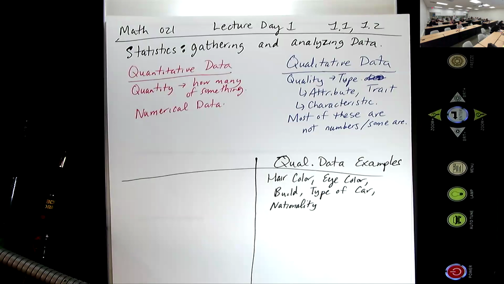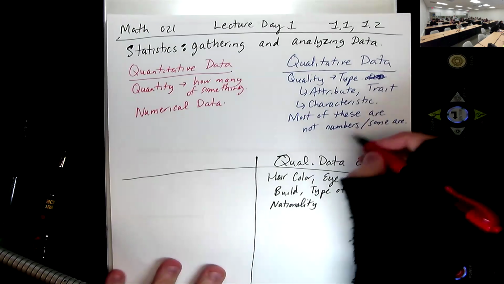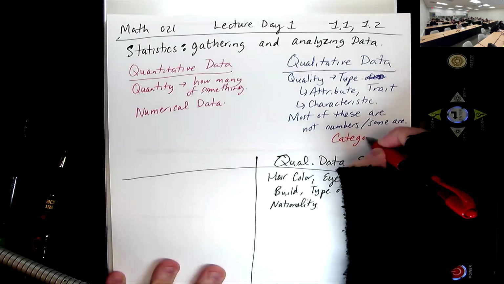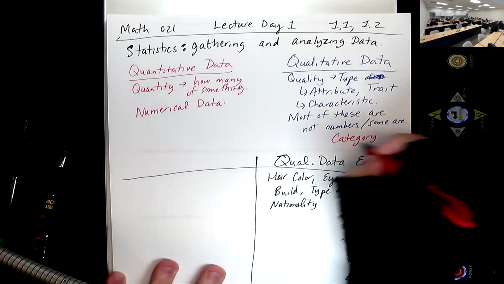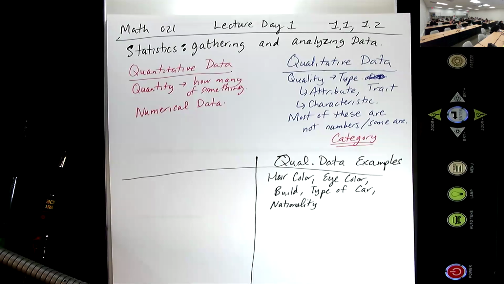Can you guys think of any that might be numerical that would count as a category? That's what these really are, it's a category, right? Breaking them down into categories. Population? What do you mean by that? Like if we were doing a statistic on this class, we'd have the amount of people, and then the study for what we're trying to get statistics on.